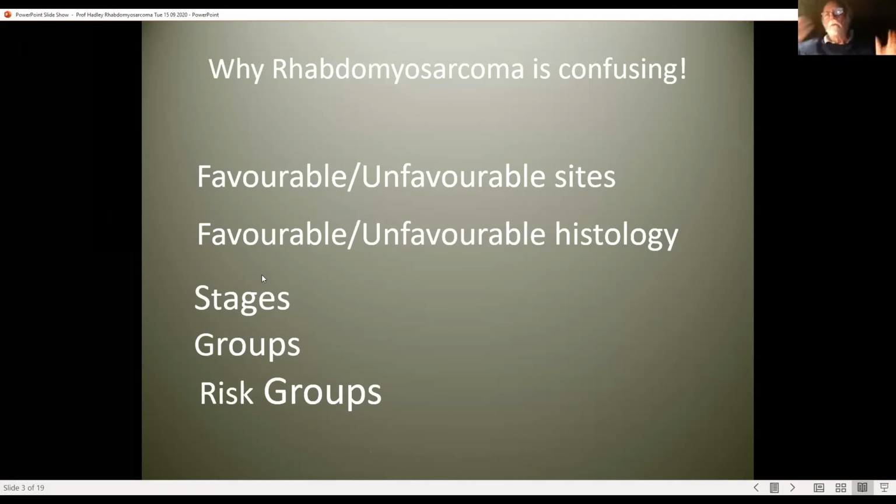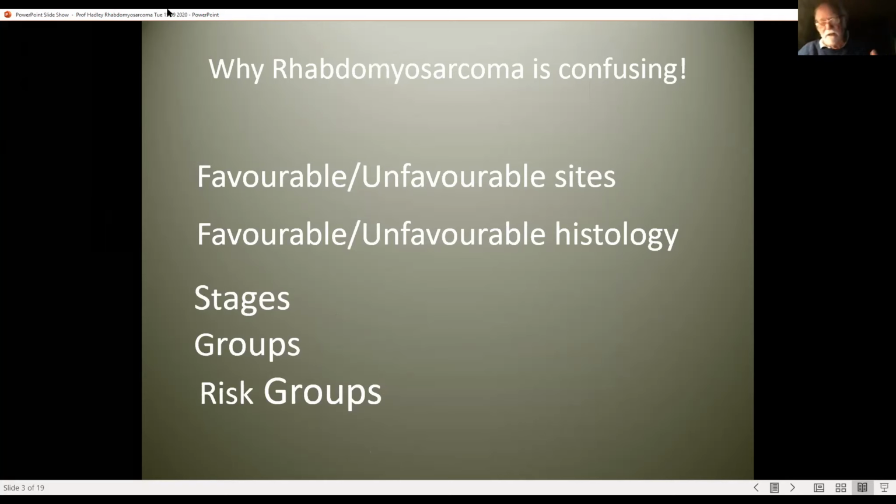So why is rhabdomyosarcoma confusing? We've got favorable and unfavorable sites, favorable and unfavorable histology. We've got at least 5 stages, 6 groups, 4 or 5 risk groups. And so you have to put together a matrix for each patient in order to decide how to optimally treat the patient.